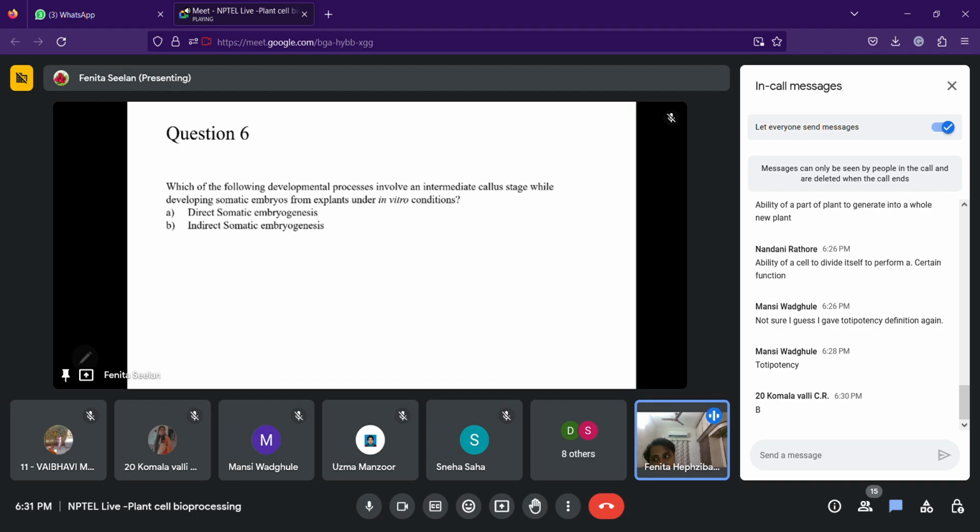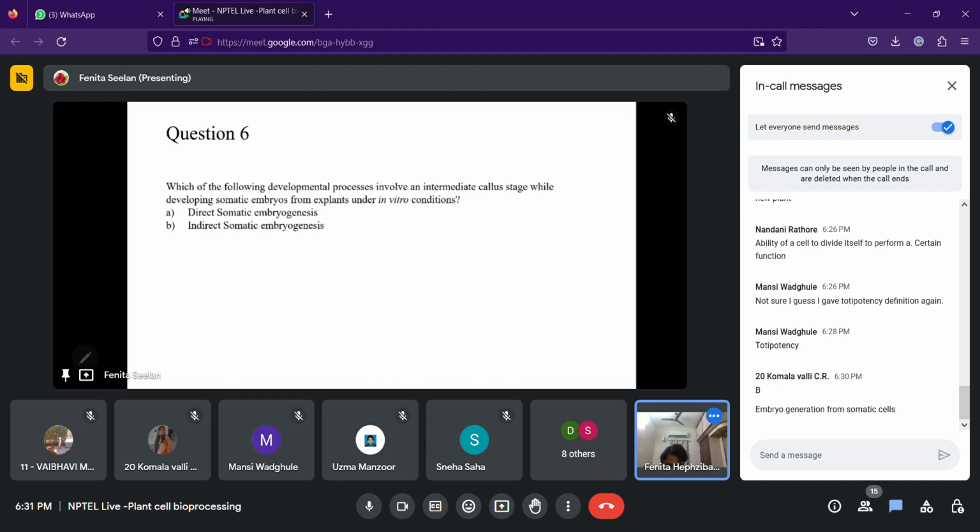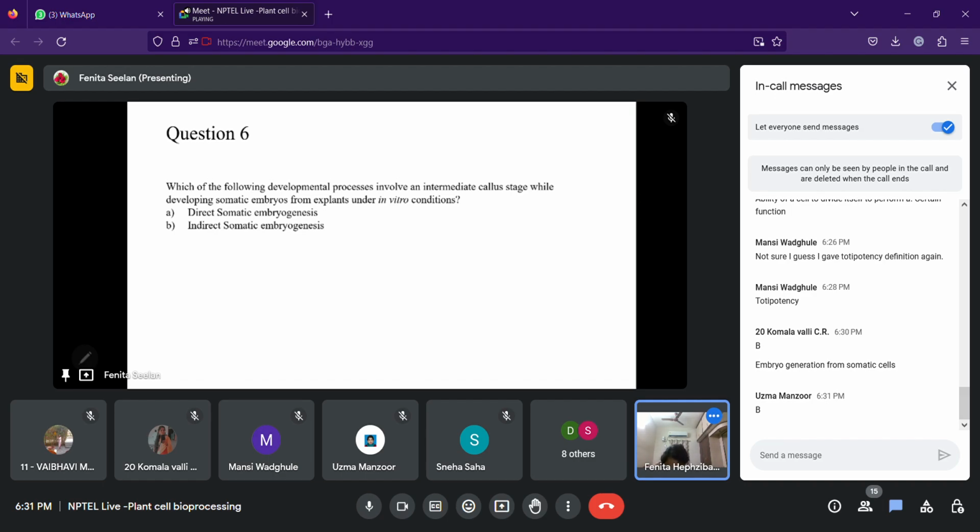What is somatic embryogenesis? The answer is embryo generation from somatic cells. Okay, what are somatic cells then? The answer is B, correct.